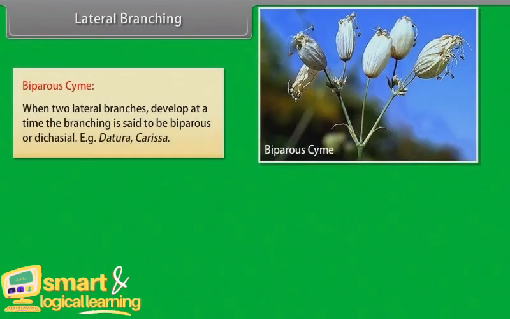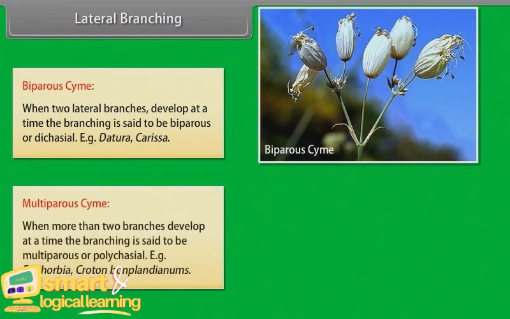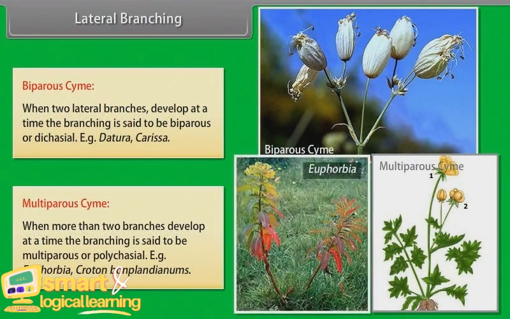When two lateral branches develop at a time, the branching is said to be biparous or dichasial. Example, Datura, Carissa. Multiparous cyme. When more than two branches develop at a time, the branching is said to be multiparous or polychasial. Example, Euphorbia, Croton bonplandianum.